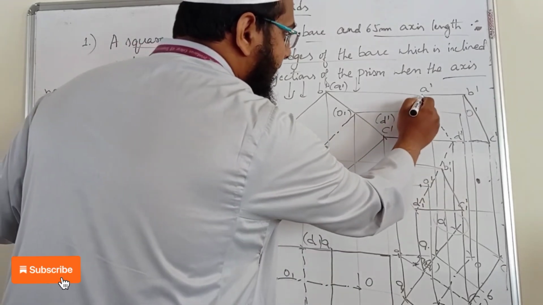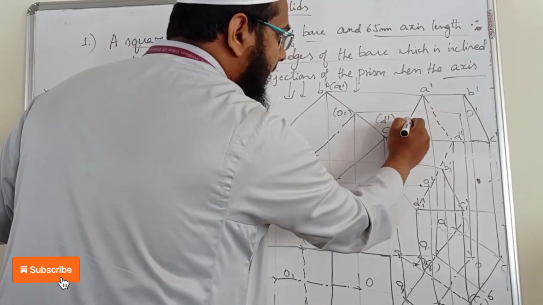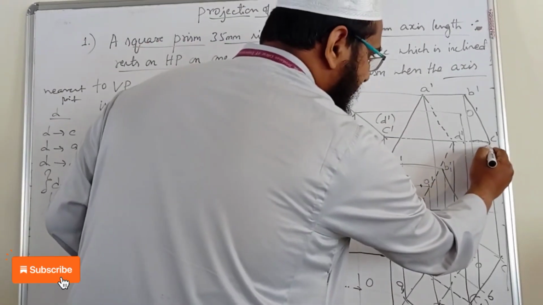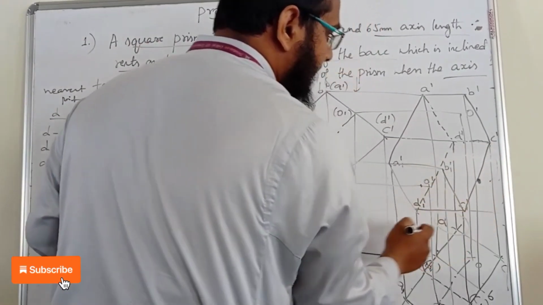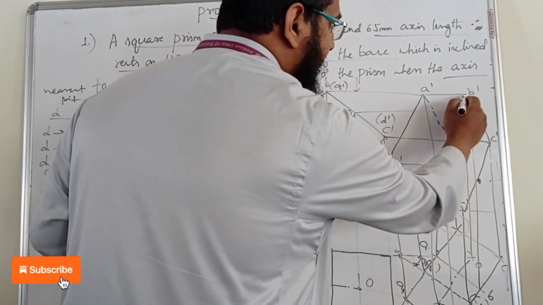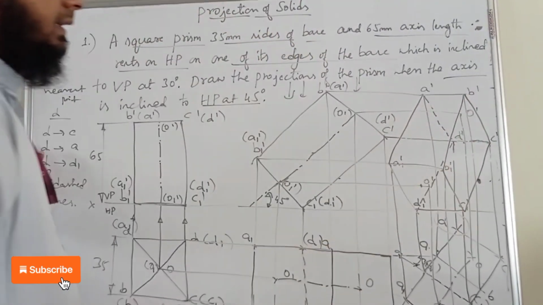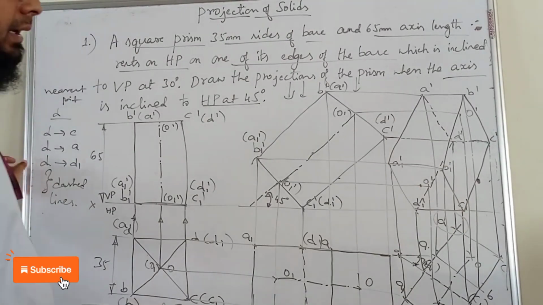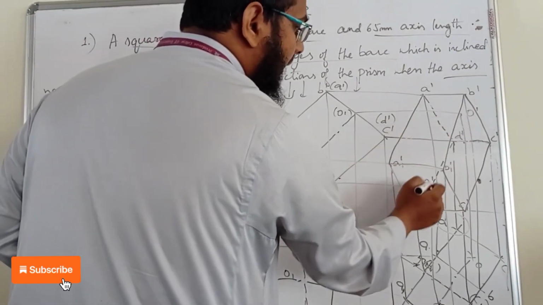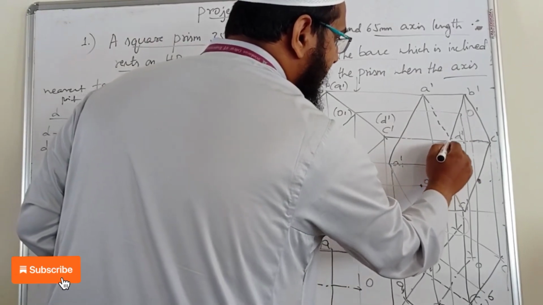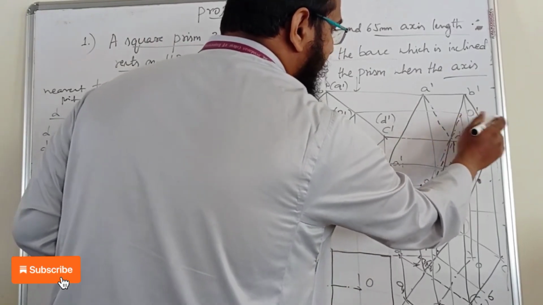So a straight vertical line using a scale you can do it. So C dash to C1 dash. Similarly we have B dash to B1 dash. Okay, so this is what we have done. Now we have to draw an axis line, say the axis line from O dash to O1 dash. So we are showing it with the axis line.